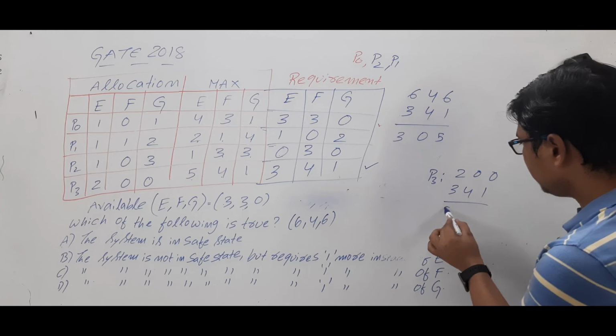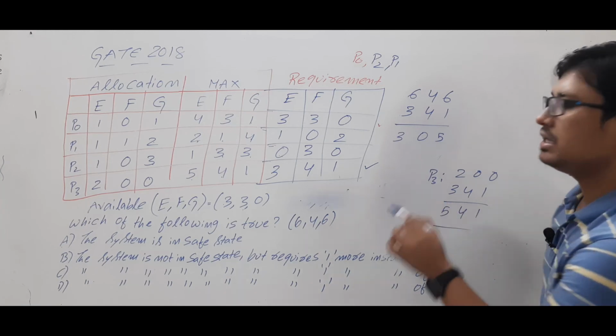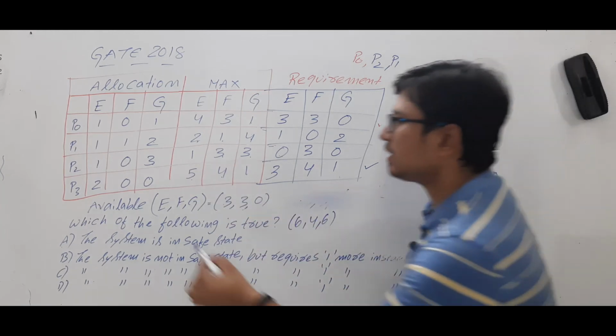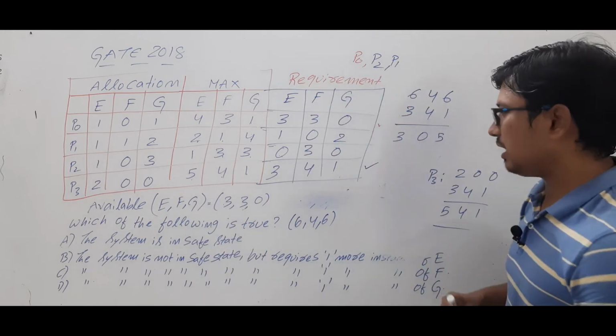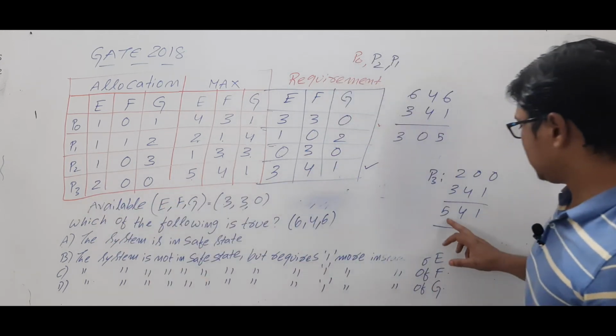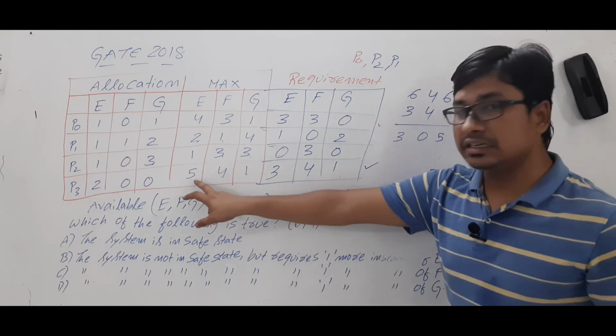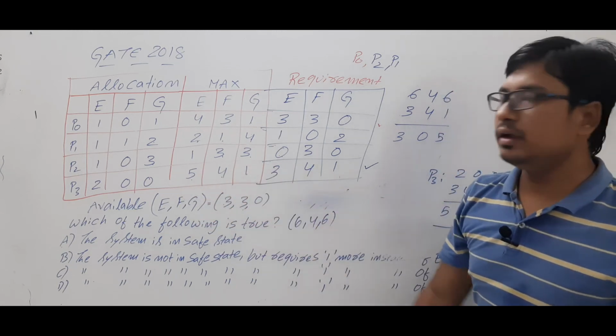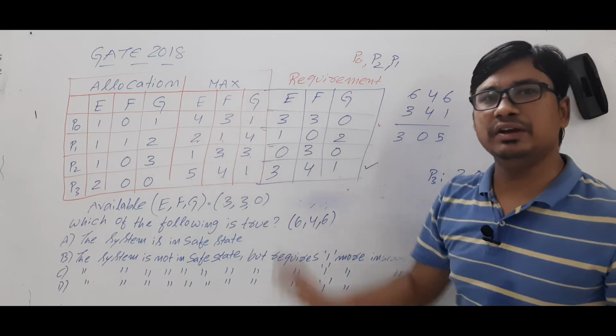It will be 541. This will be the current allocation. Am I right? After allocating 341 to the process P3, the allocation will be 541 and it requires 541 of resource E, resource F and resource G.